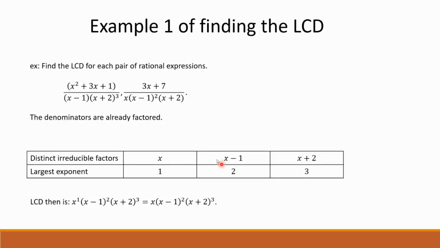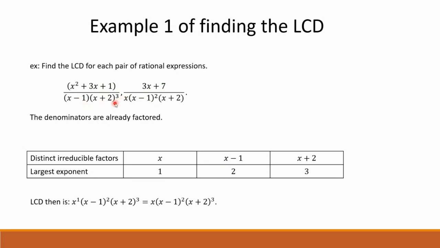So for instance, let's say we have this. Let's find the LCD for these two rational expressions. Well, here it's a little bit easier. The denominators are factored already. So what are the irreducible factors? Well, we have x minus 1, we have x plus 2.